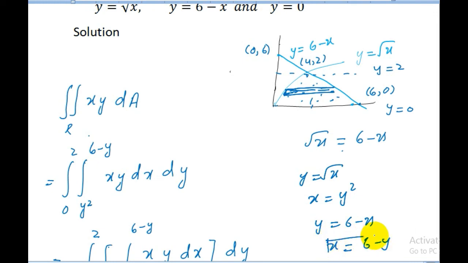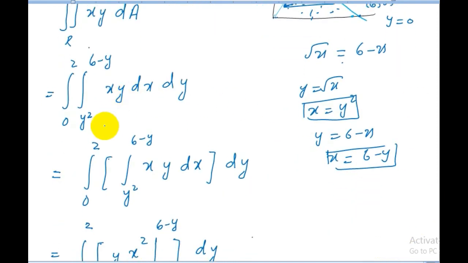So this is our limit of x. So x varies from the curve y square to 6 minus y. So this integral can be written as the integration from 0 to 2, integration from y square to 6 minus y, of xy dx dy.